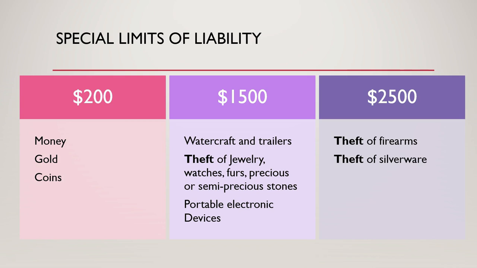However, if the jewelry was stolen from your home, that then is the peril of theft. Then you would only receive up to $1,500 for your $10,000 item. And this is when you need to schedule a personal articles floater endorsement on this piece of jewelry.